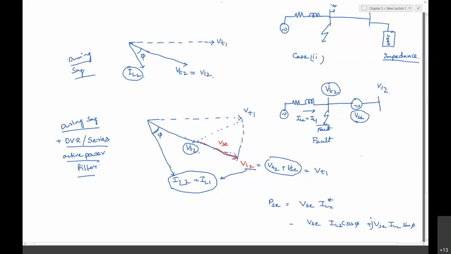Okay. If you make out the VSC with this VT1, I am just making out the VSC here, which has a del angle, the phase shift. Obviously there is the load current, this IL2.